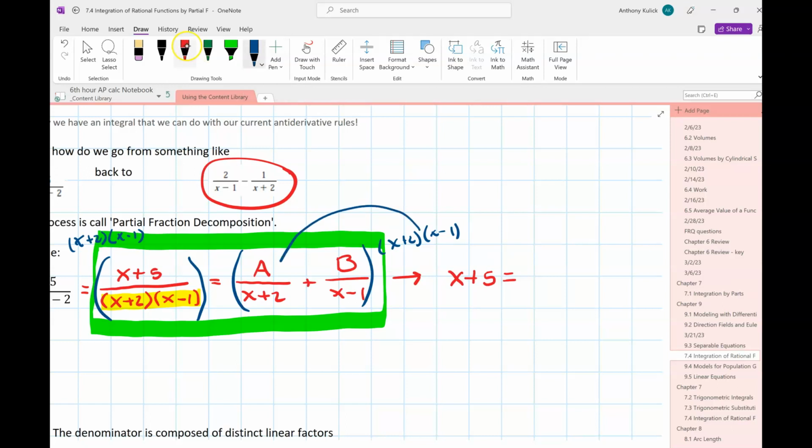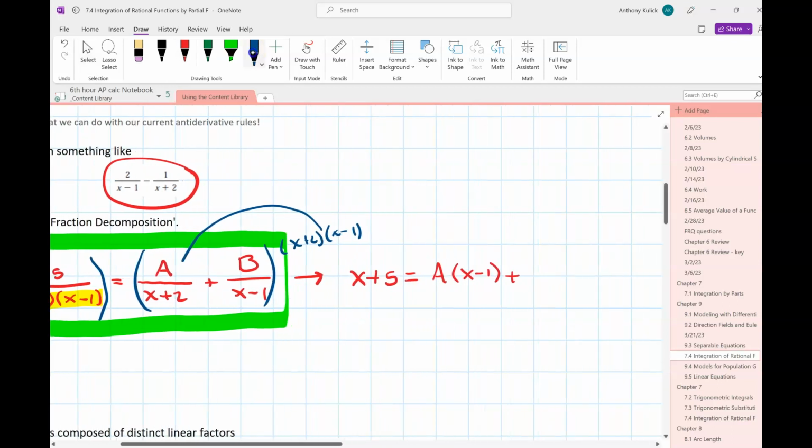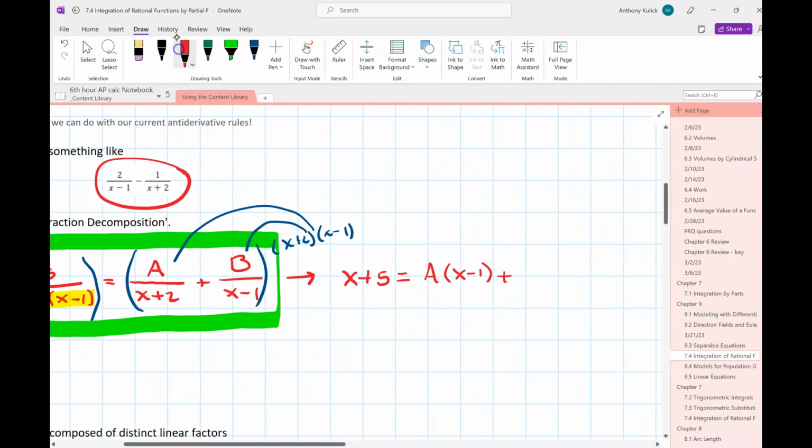When I multiply (x + 2)(x − 1) by A/(x + 2), I end up with A(x − 1). And when I do the same thing to B/(x − 1), I get B(x + 2). Is everybody okay with how I've gotten to this equation?